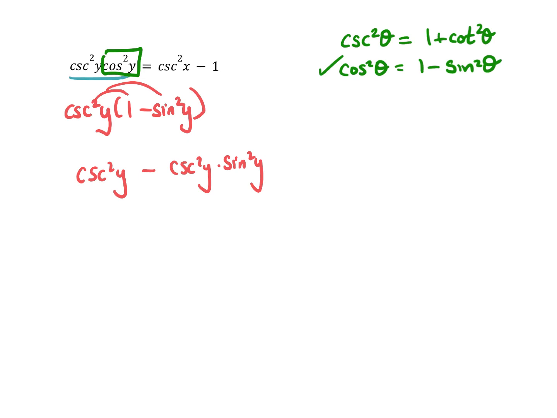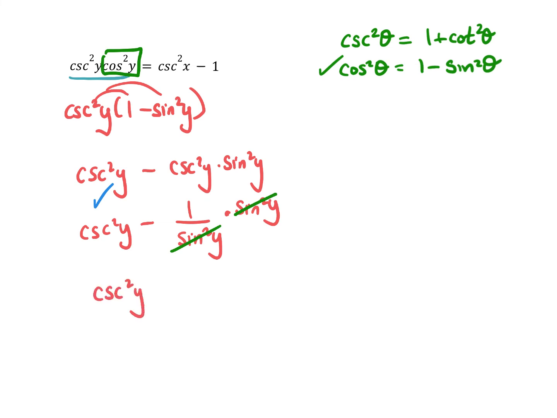Now, this is good. I want cosecant squared minus 1, so I don't really want to change that. But if you look, cosecant times sine squared y will cancel, and I end up with cosecant squared y minus 1, which is what I wanted.